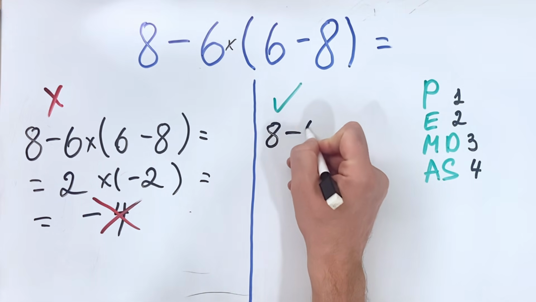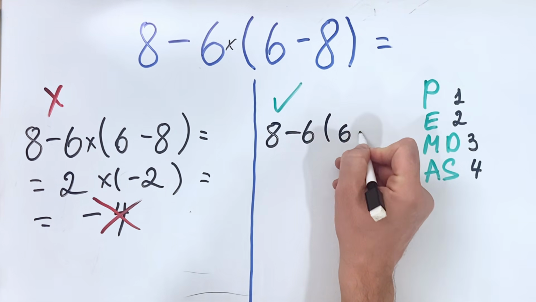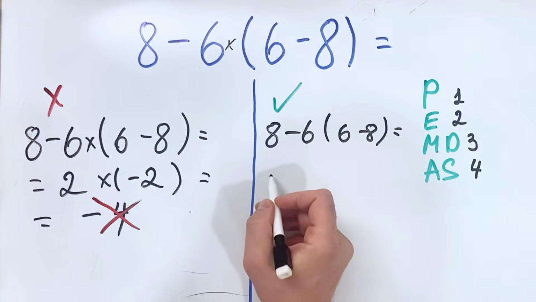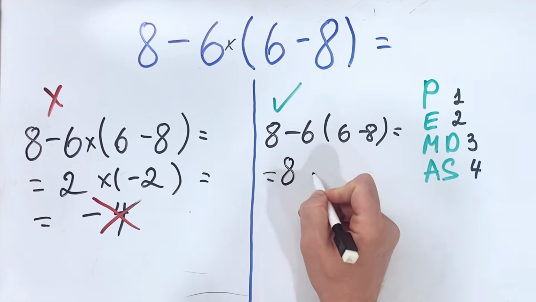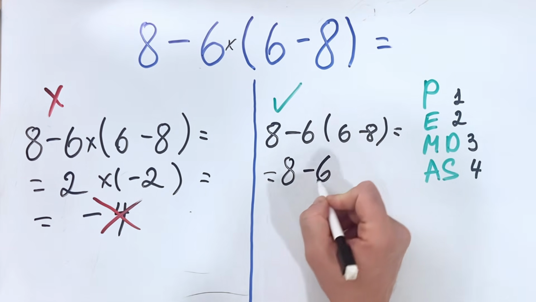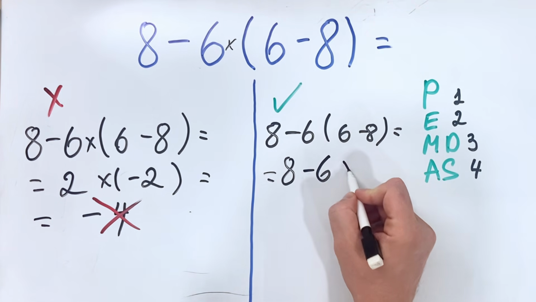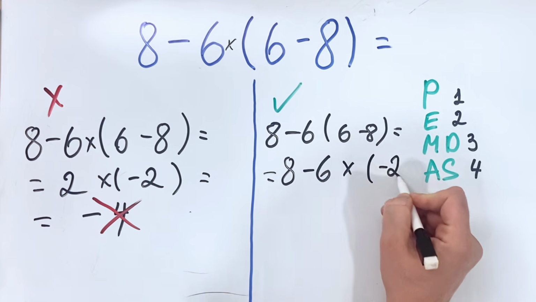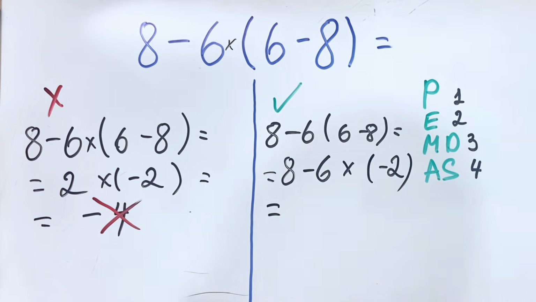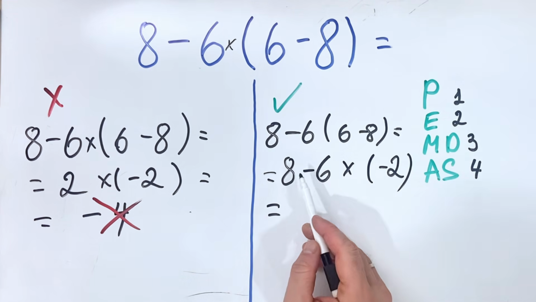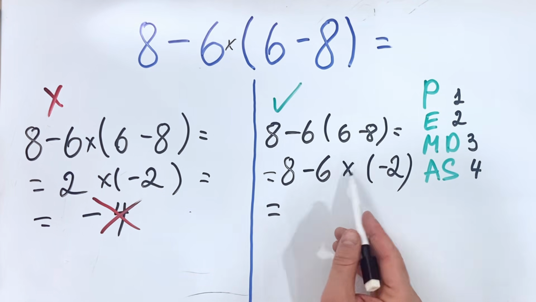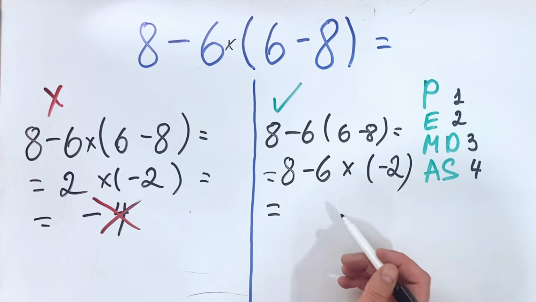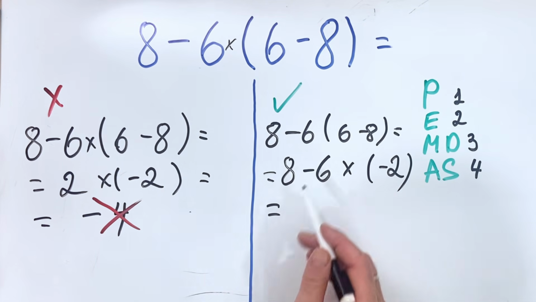So with this said, we have 6 minus 8. We saw it here, it's minus 2. So we have 8 minus 6 multiplied by minus 2. Here you might be tricked by the negative. Either you do this separately and then just keep the minus.